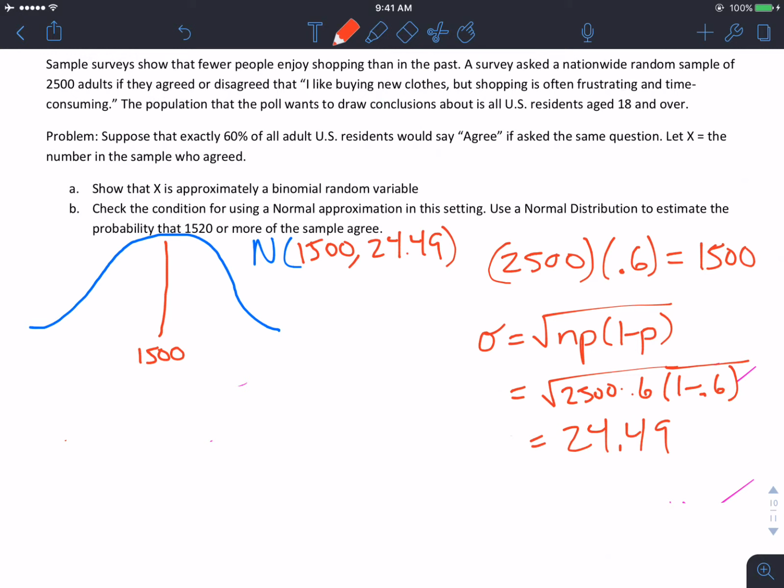And so now what the question is asking is, what is the probability that we get 1,520 or more? So this is 1,520, and we want more, so what we're going to do is shade to the right, and this turns into, hey, let's find the z-score.